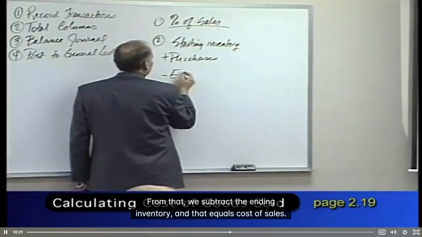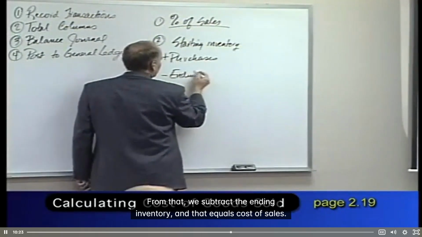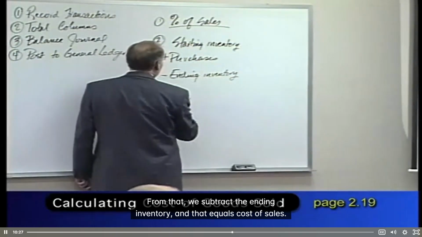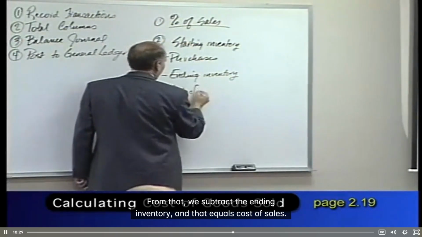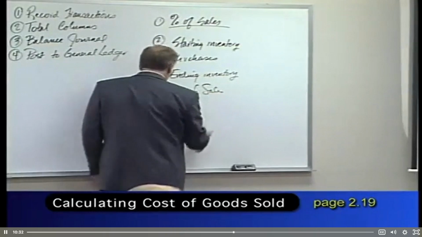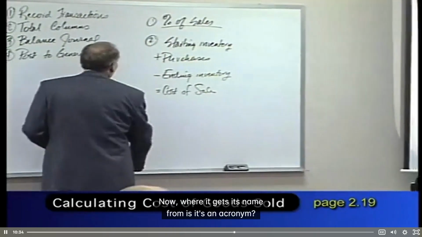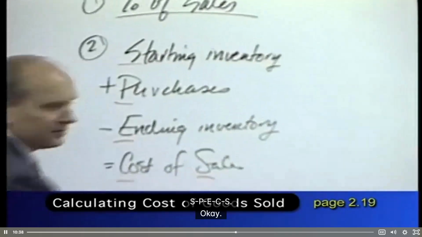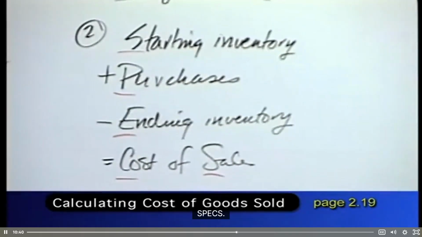From that, we subtract the ending inventory. And that equals cost of sales. Now, where it gets its name from is it's an acronym. SPECS. Okay? SPECS.